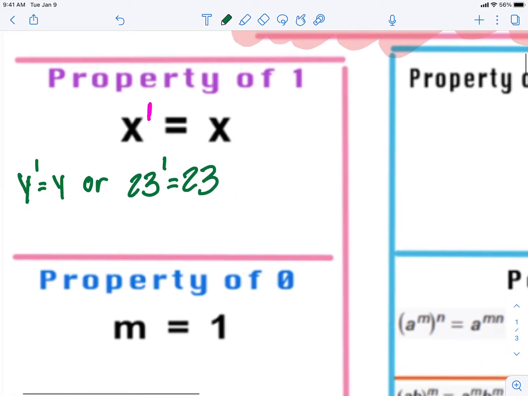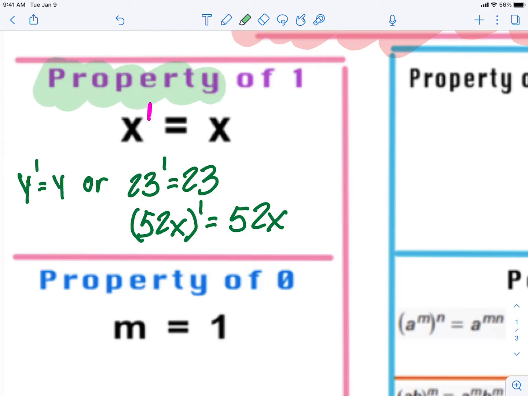And if you had 52x with parentheses, to the power of 1, that would just give you 52x. So anything to the power of 1 is that same thing. So that was called property of 1.